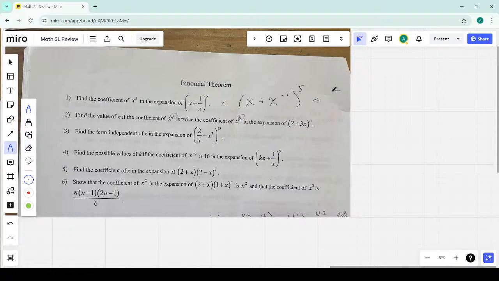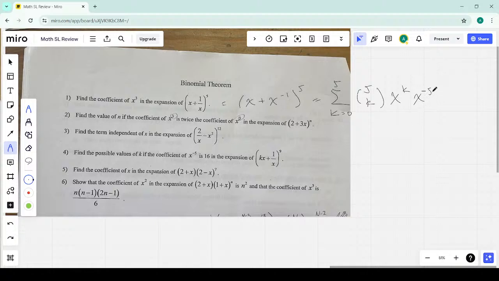So this would be sigma k from 0 to 5, 5 choose k, x to the k times x to the negative... or not 5 minus k, negative 5 minus k.